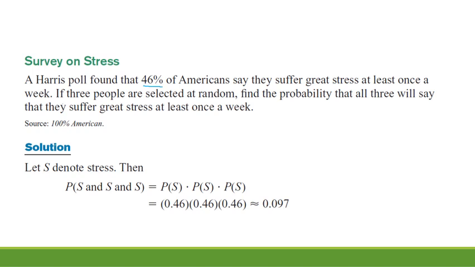If 3 people are selected at random, the selections are not dependent on each other. So the first person, the second, and the third are all independent events, so you just need to multiply. The answer is 0.097.